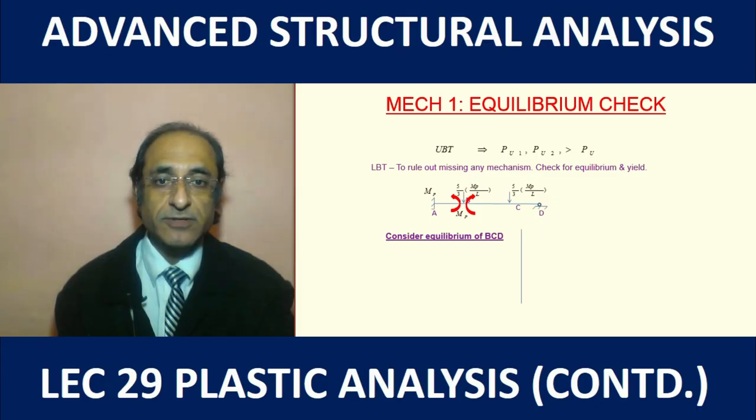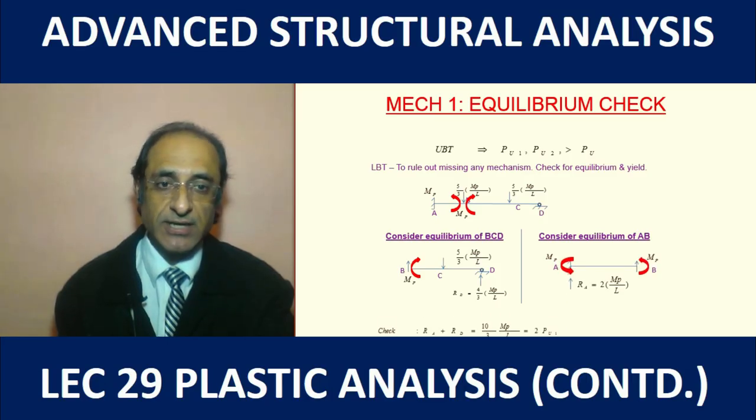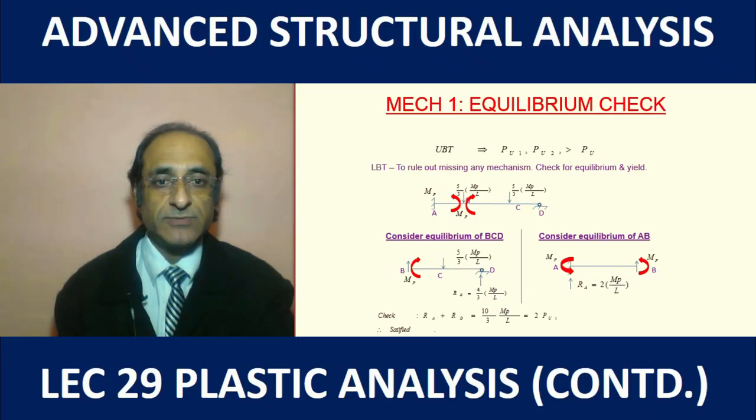We consider two parts, BCD and AB, and we try to find out the reaction at D, and similarly we consider the part AB and find out the reaction at A. Then we combine and check the vertical equilibrium, and the vertical equilibrium is indeed satisfied.